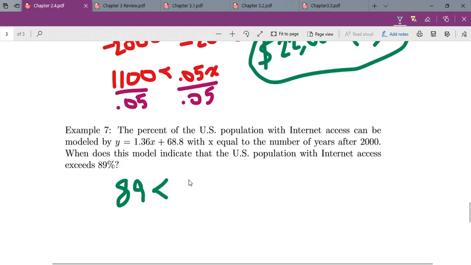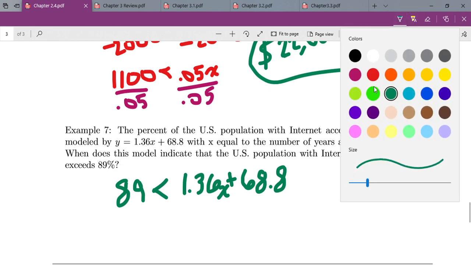So it needs to exceed it, not equal it. So 89 needs to be less than 1.36x plus 68.8. Oops, left my x off here. Don't do that. Alright, now we just have to solve for x.